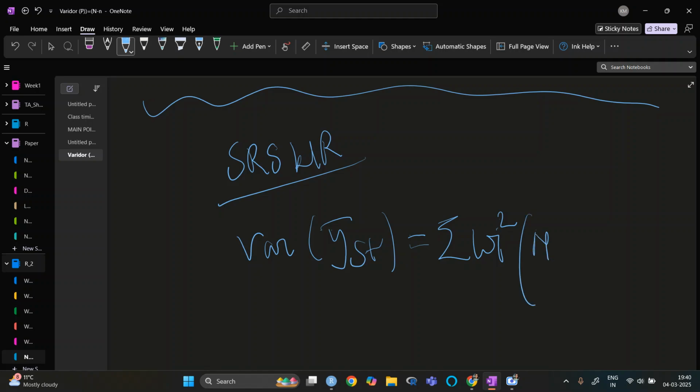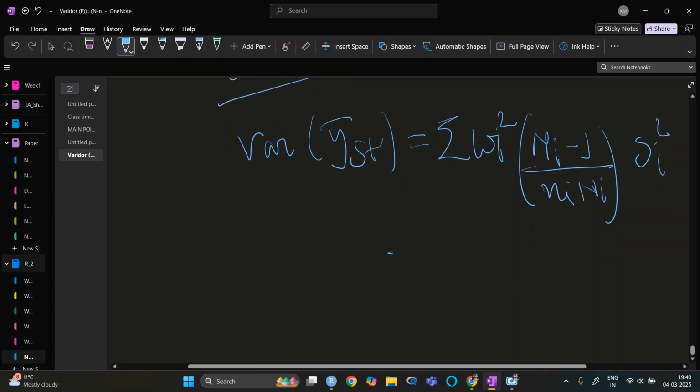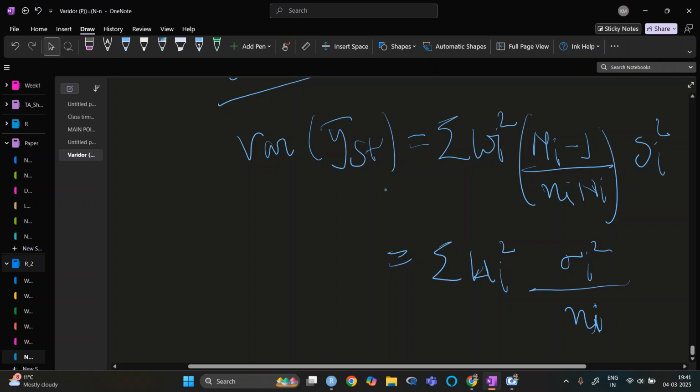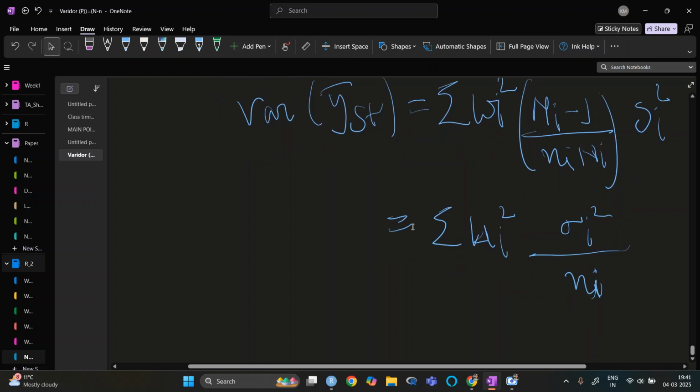So this one, and ni minus 1 upon ni times capital Ni, Si square, and it will be sigma i square upon Ni, because if you see, for Si square it is 1 upon n minus 1, and for sigma square it is 1 upon n.